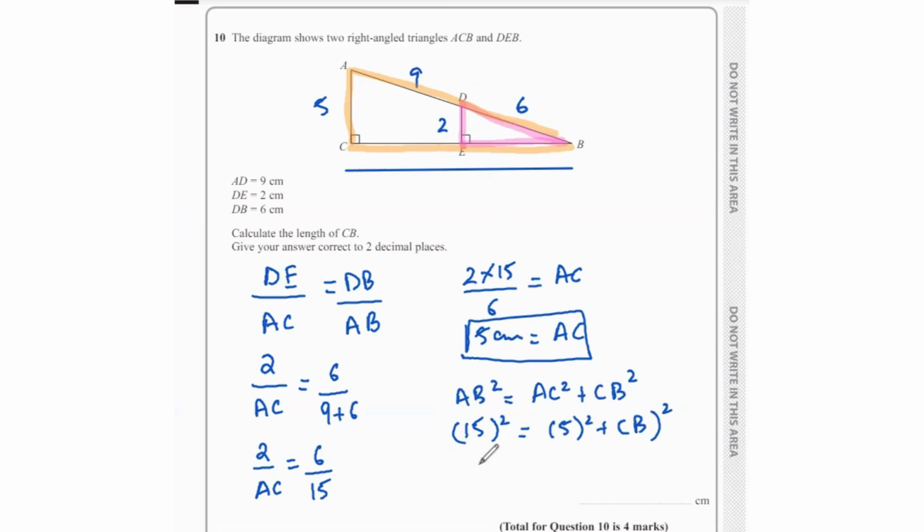That is going to be 225 equals 25 plus CB squared. Then 225 minus 25, square root, and that's going to give us 14.14 centimeters, correct to two decimal places.